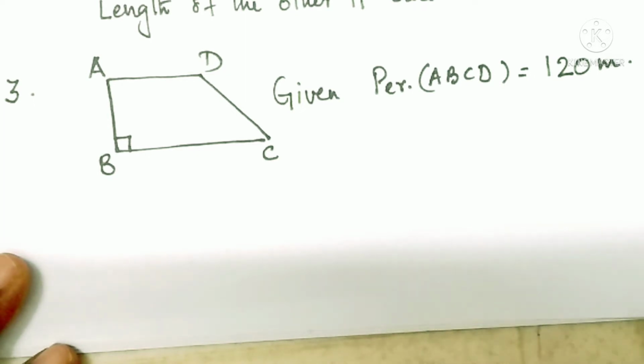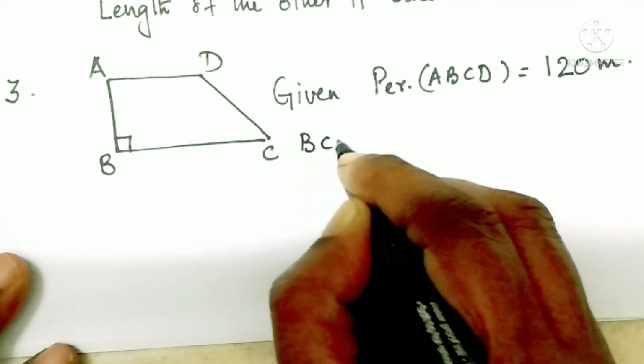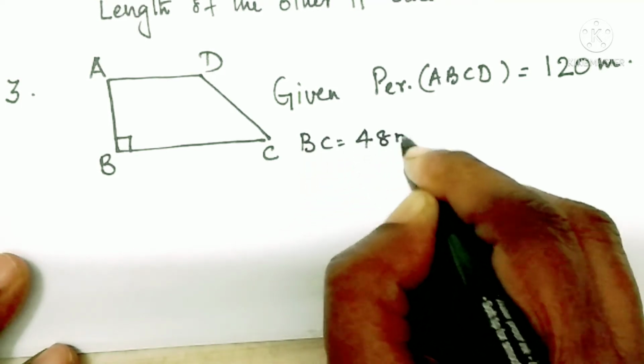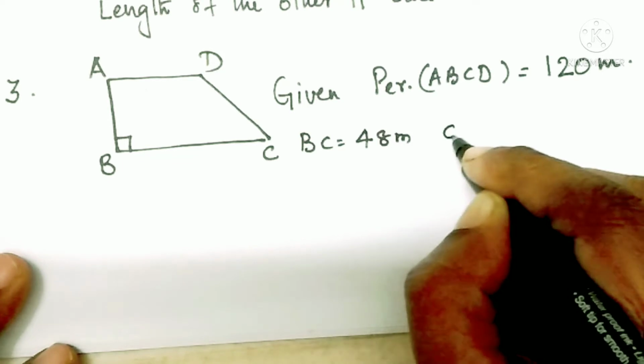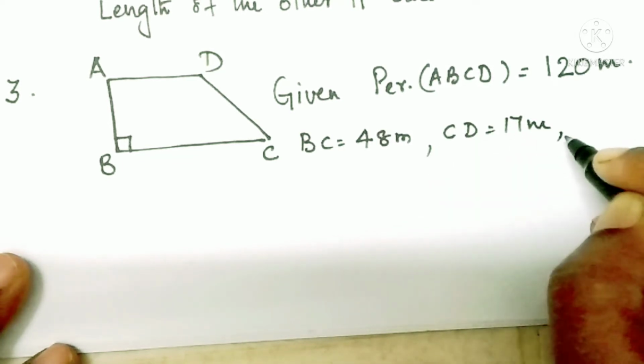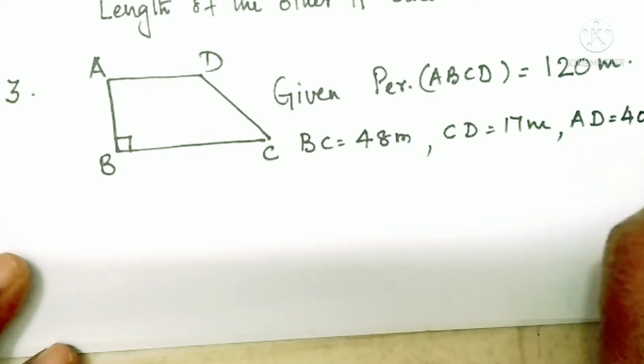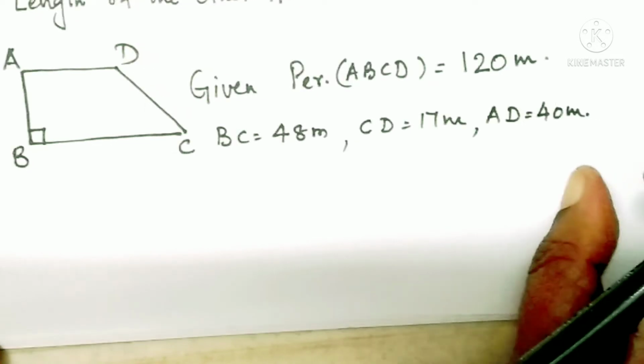Now, what other information is given? BC is equal to 48 meter. Then CD is equal to 17 meter and AD is equal to 40 meter. So, this information is already given to us.